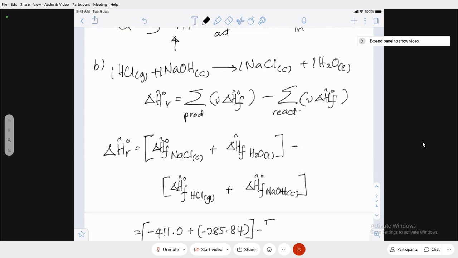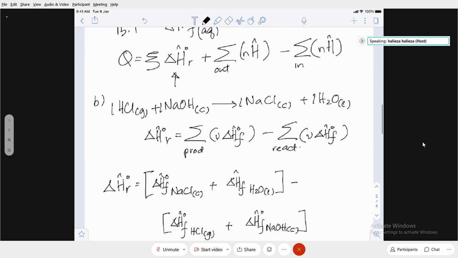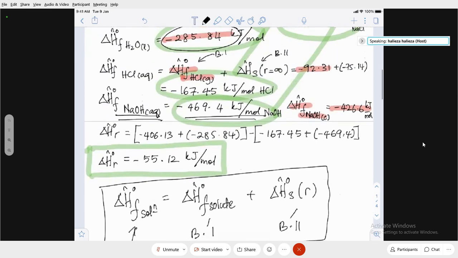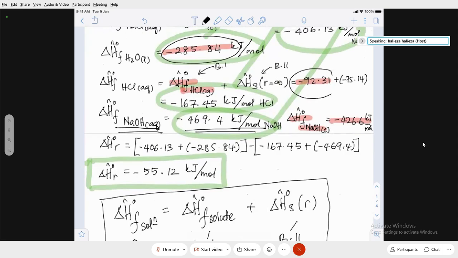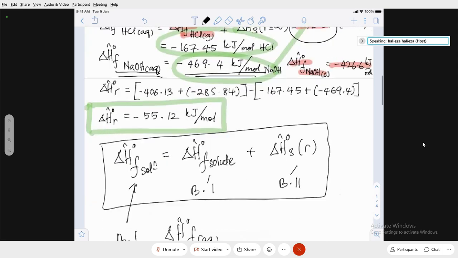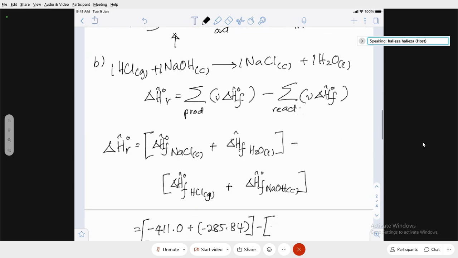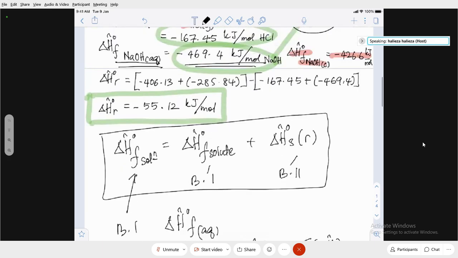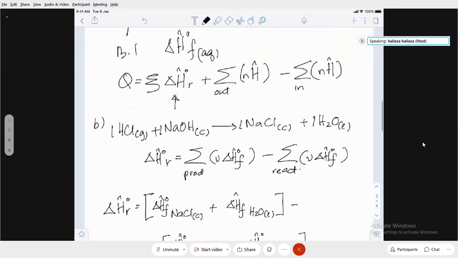Now for the reactant, we have the heat of formation of hydrogen chloride gas, that's the value, minus 92.31, plus that of sodium hydroxide crystal, we have it over here, minus 426.6.